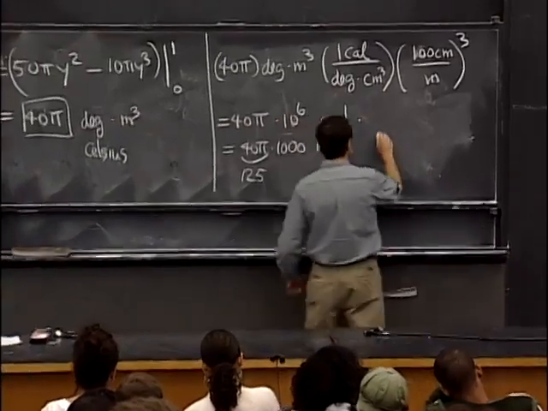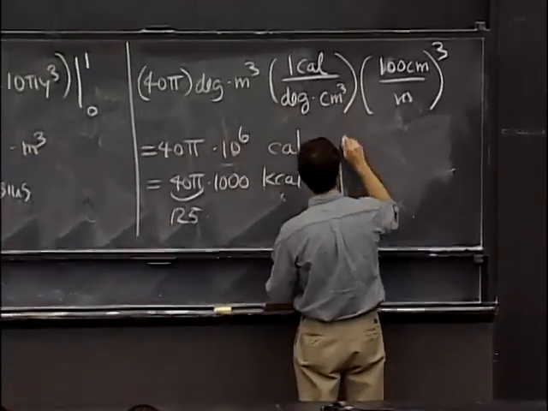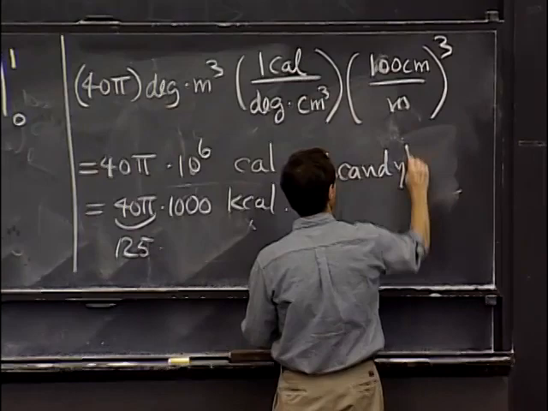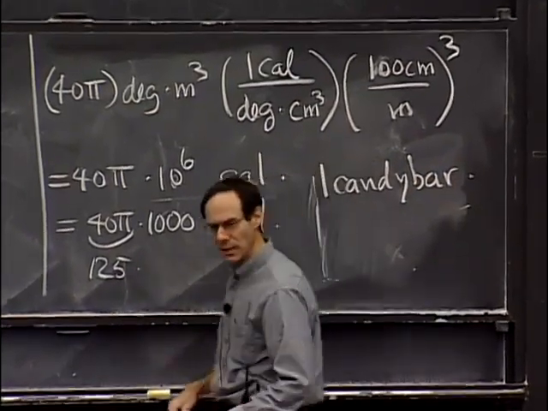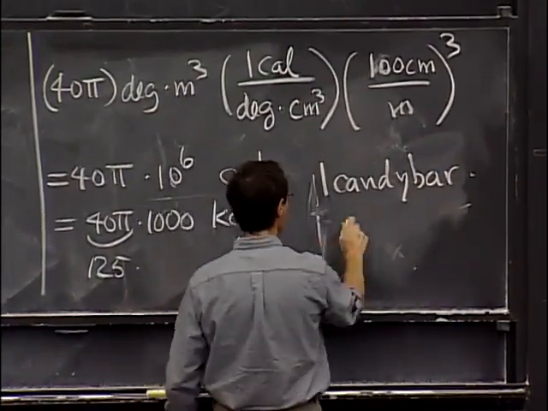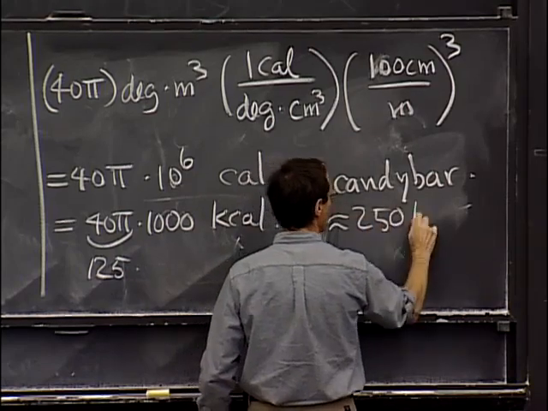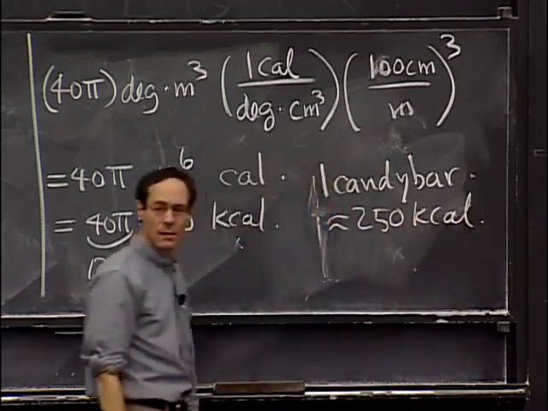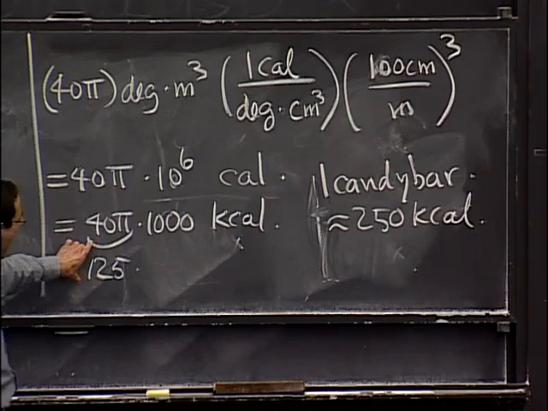And so one candy bar, this is a Halloween example. So one candy bar is about 250 kilocalories. All right? So this is half a candy bar.